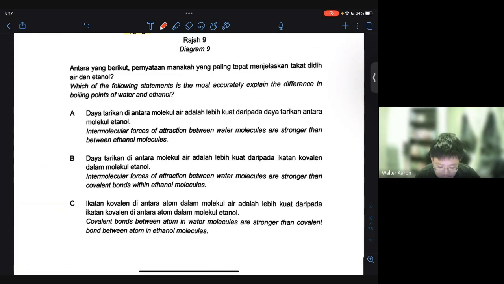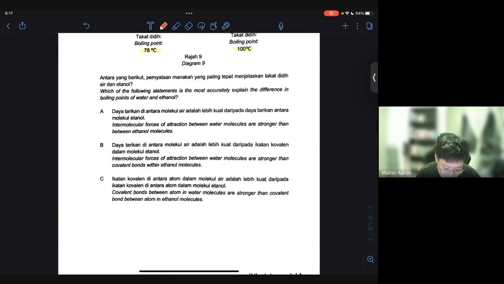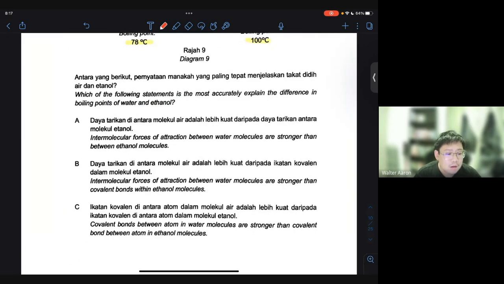So actually we see both also have hydrogen bonding, okay? So therefore, you must keep that in mind.